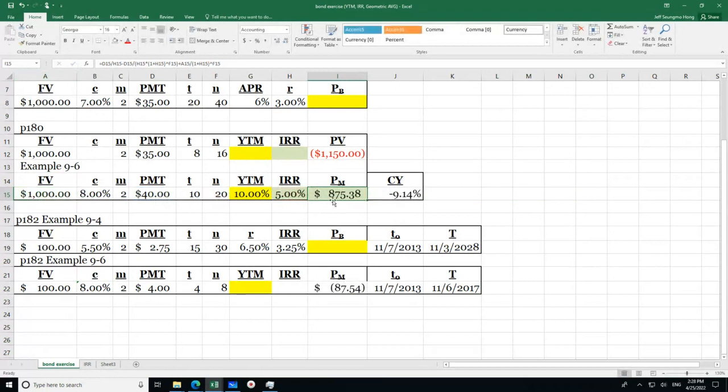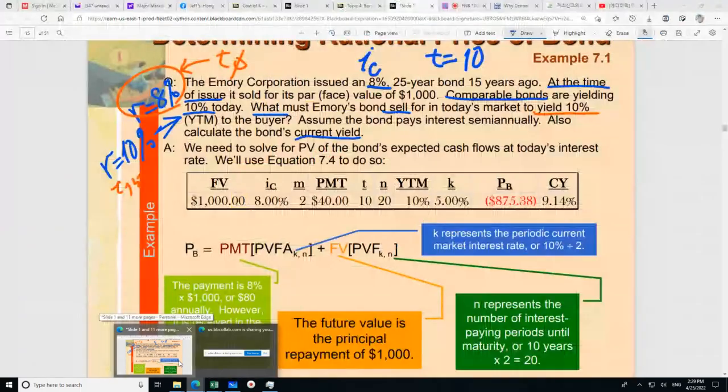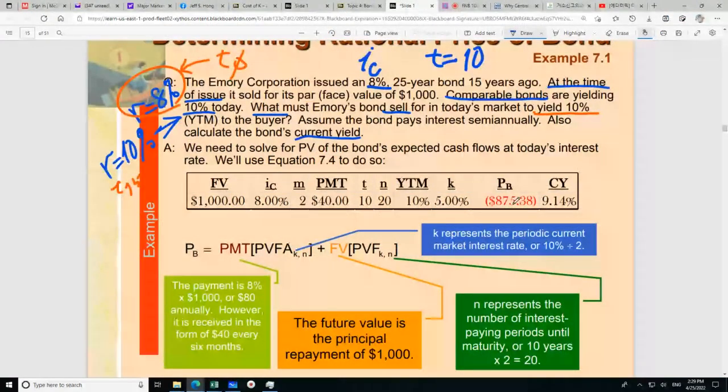Okay, and hit enter. And the price should be 875.38. Okay, it's 875.38. So yes, of course, that's what you will get.